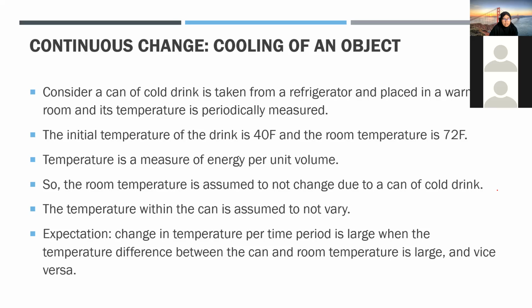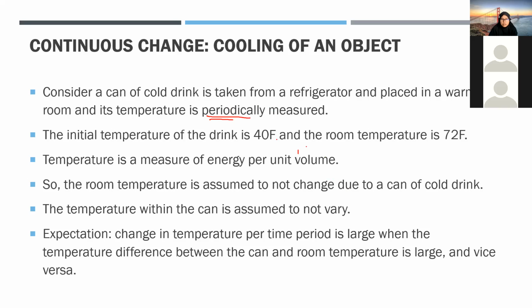Okay, now let's see this one, continuous change. An example of this is the cooling of an object. Consider a can of cold drink taken from a refrigerator and placed in a warm room, and its temperature is periodically measured. So you measure that at each time frame.